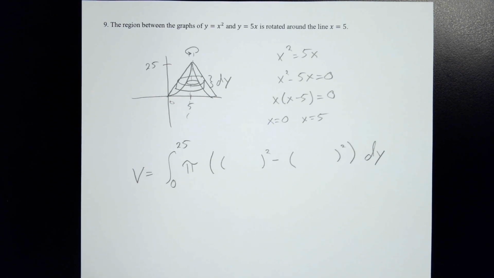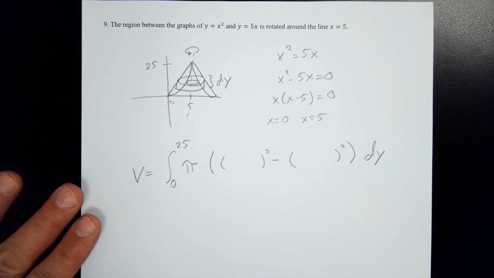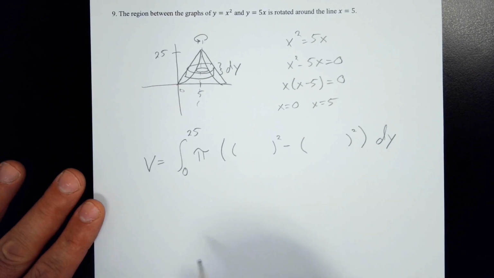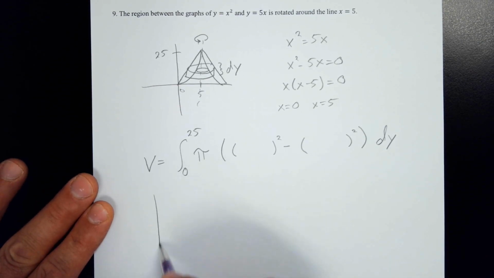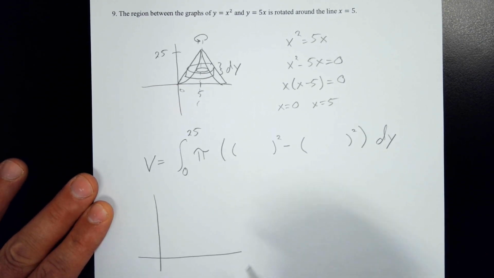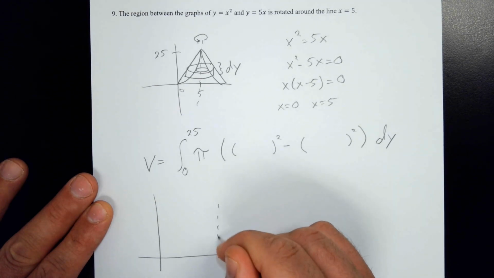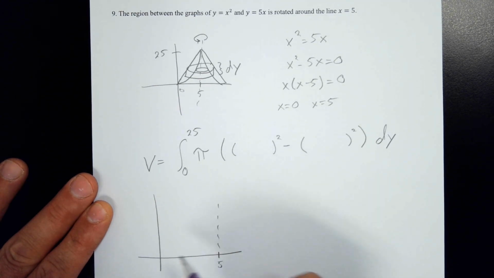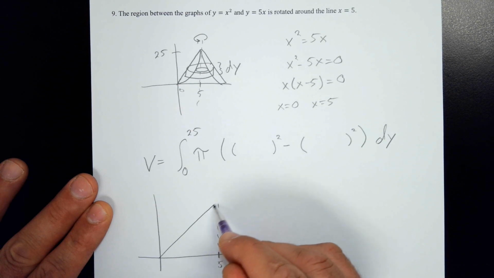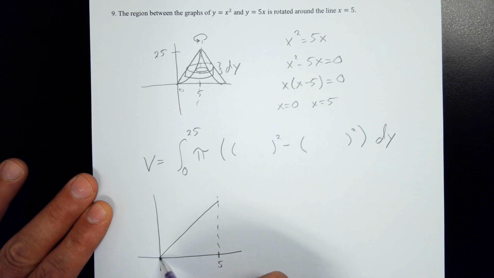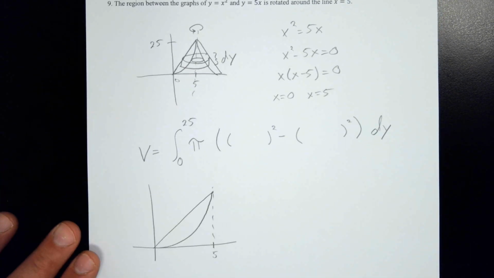Now I need to figure out what my bigger radius is and what my smaller radius is. And maybe I should draw another picture to make this a little bit more clear. So I'll draw a larger picture and then we'll go back to this. So here's my region. Here's a line, x equals 5, and I have a line going to that and this parabola going there.